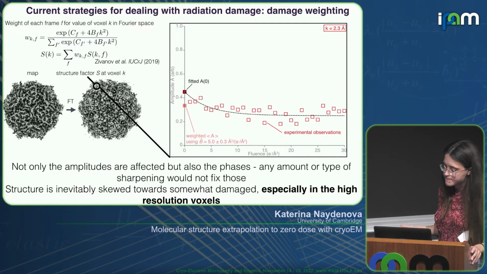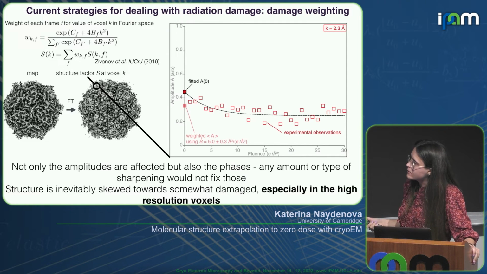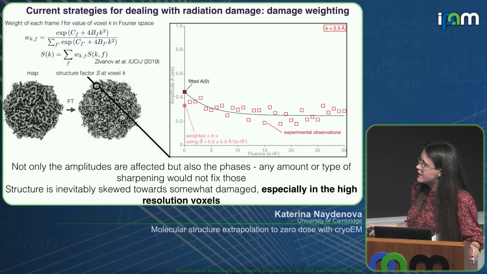And then we calculate some approximate appropriate weights for our structure, which are derived from the data, and we calculate the weighted average of all of these red squares, which, as you can imagine, will happen to be somewhere here. So this will be our structure factor that we will put in our final map.